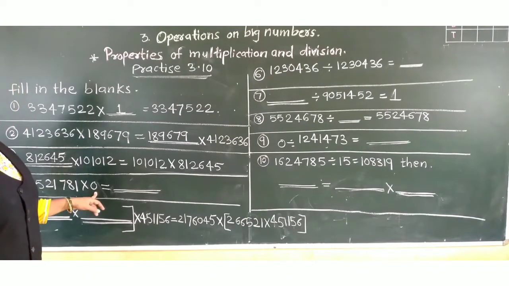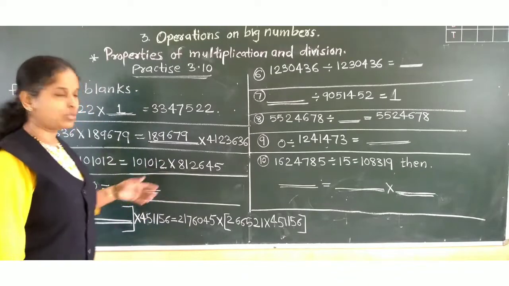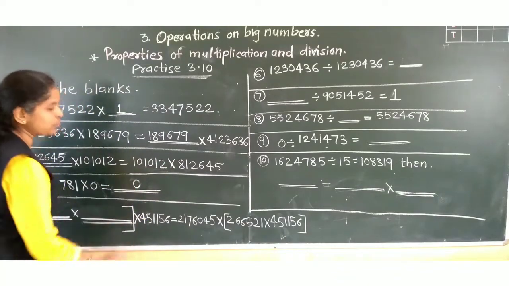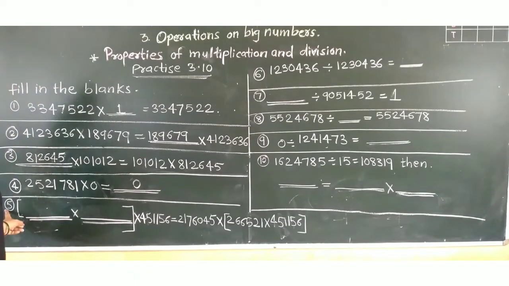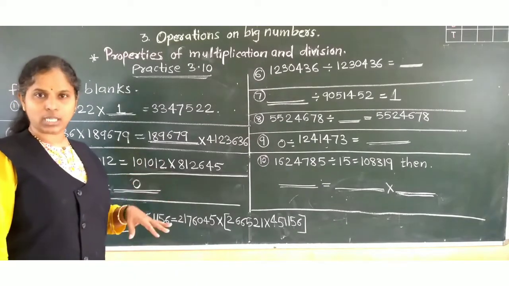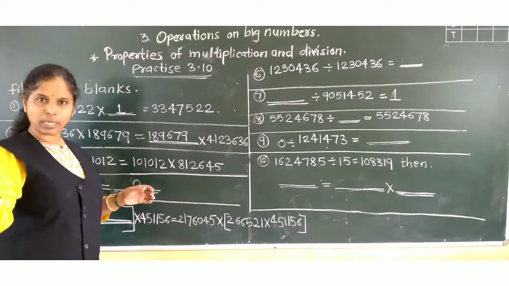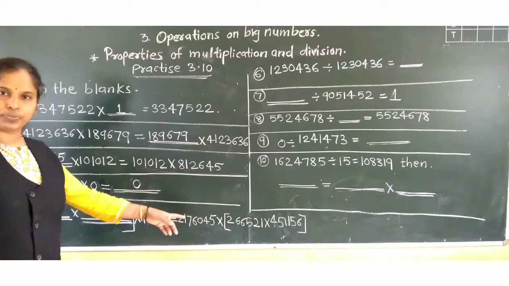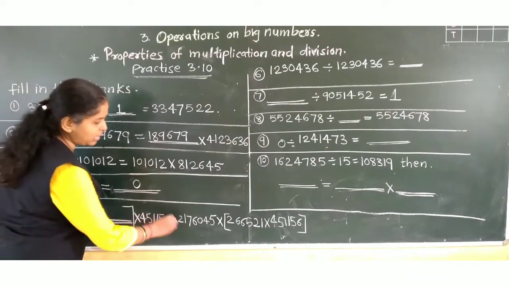Now see here. This number is multiplied by 0. When any number is multiplied by 0, it gives the answer 0. Okay. Now next, question number 5. Do you remember the property A into B into C is equal to A into (B into C)? Same here. Suppose this is C. Then here what will it be?